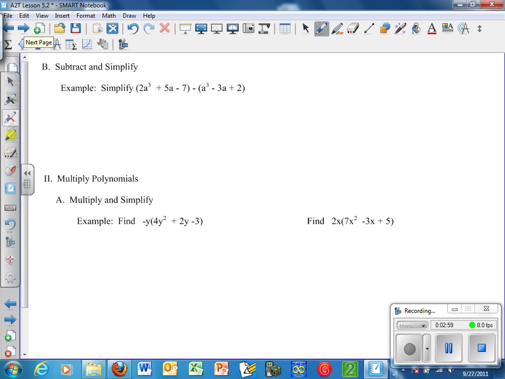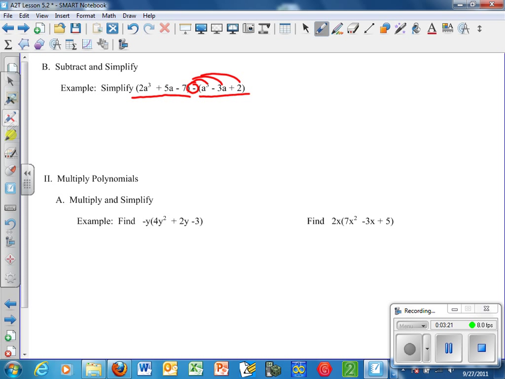So now we're going to go into simplifying. Okay? If you notice here on this example, I have a trinomial and I'm subtracting another trinomial. If you have a subtraction sign right here, you need to distribute the opposite sign, or the subtraction sign, to what follows it in parentheses.